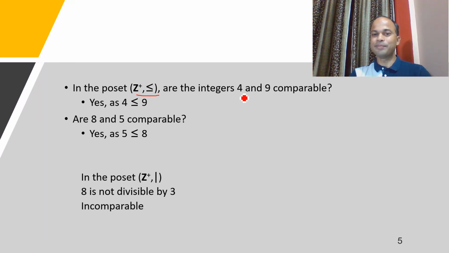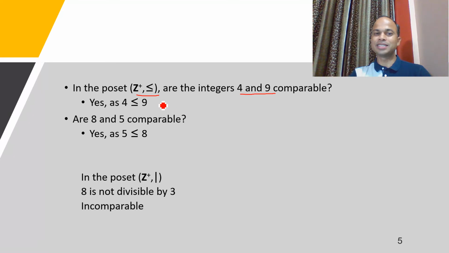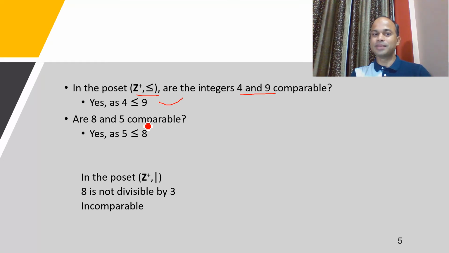For example, we are checking here two elements 4 and 9. So we can say that 4 is less than equals to 9. Therefore, these two elements are comparable. Similarly, if we have the elements 8 and 5, we can say that 5 is less than equals to 8. So further, these two elements are comparable.